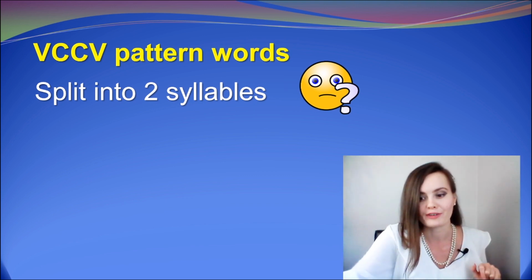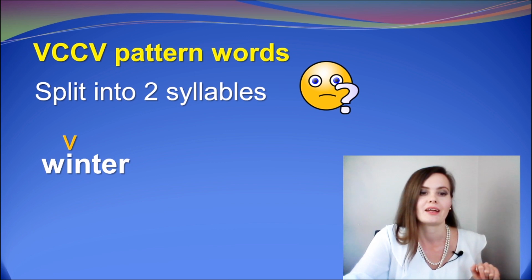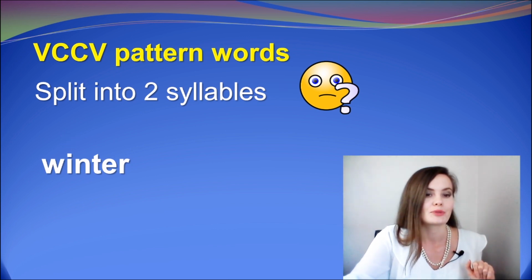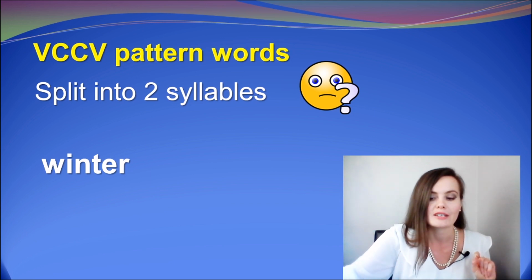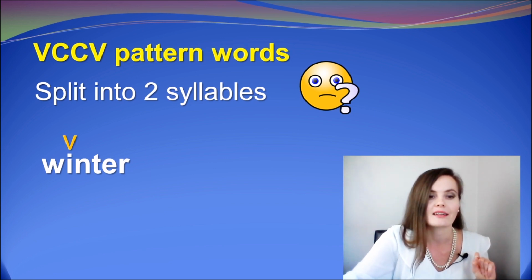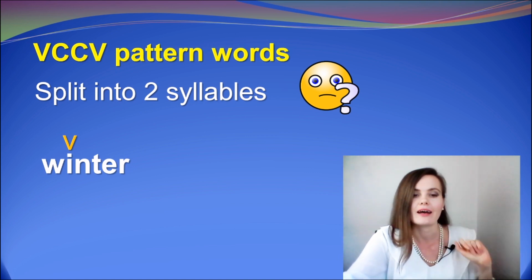And there is a trick for this. Let's look at the word winter. So first, you will need to find where is the first vowel. You can see that the first vowel is the letter I, and you need to write V above this vowel.